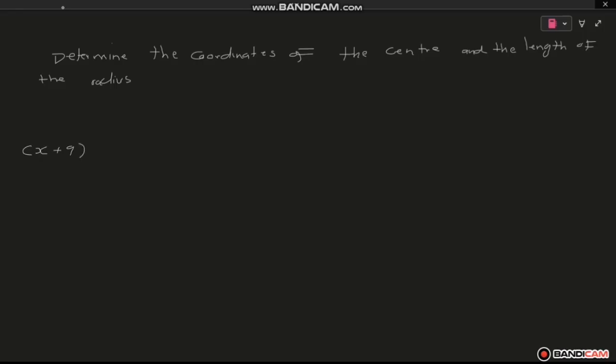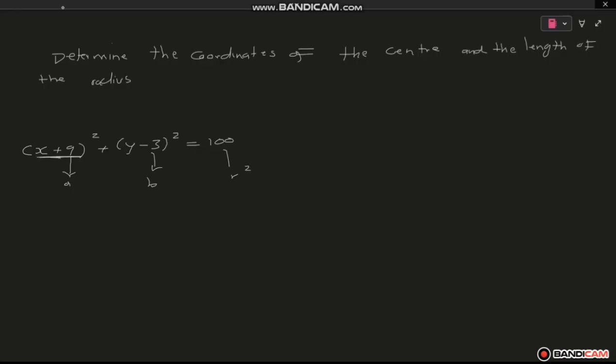So let's say we have (x plus 9) squared plus (y minus 3) squared equals 100. As you can see, 9 here is a and 3 is b, then this 100 is r squared.